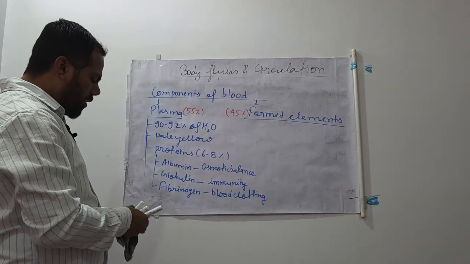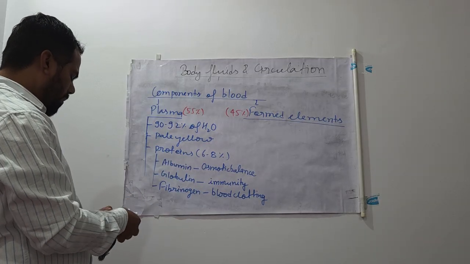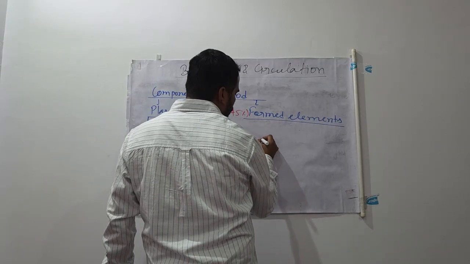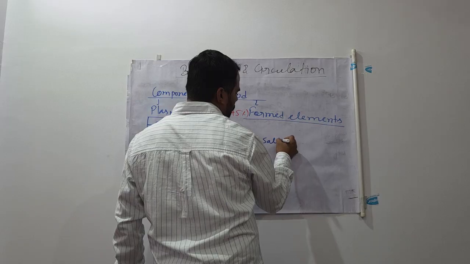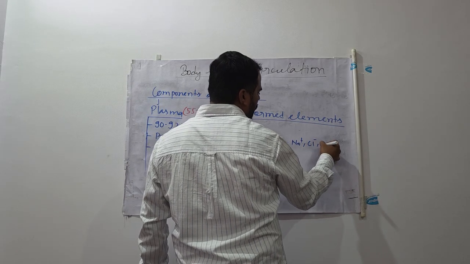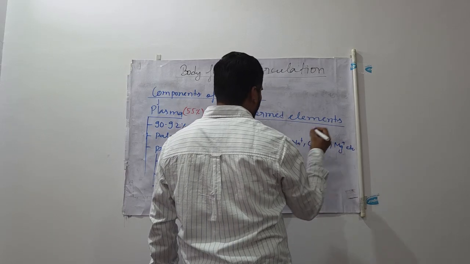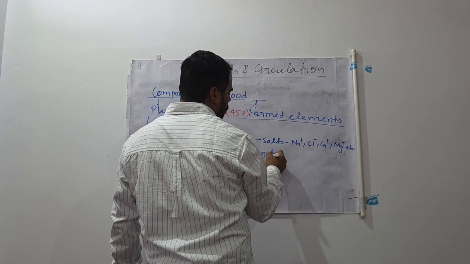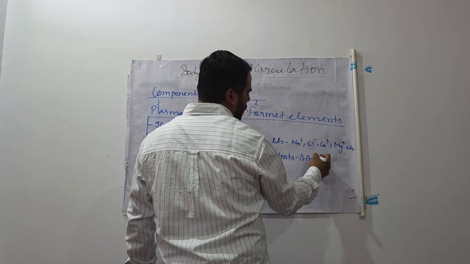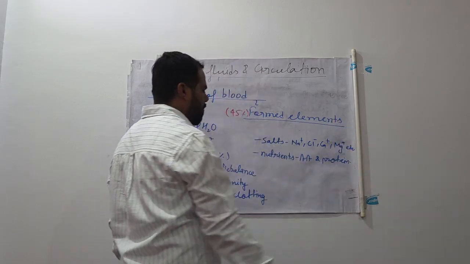What other things does plasma contain? Okay, see, it also contains salts like sodium, chlorine, calcium, magnesium, etc. It contains nutrients also, that is amino acids and proteins.